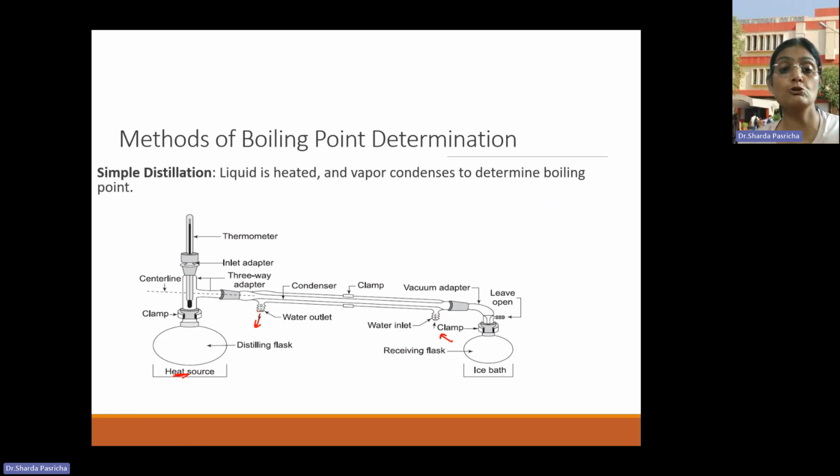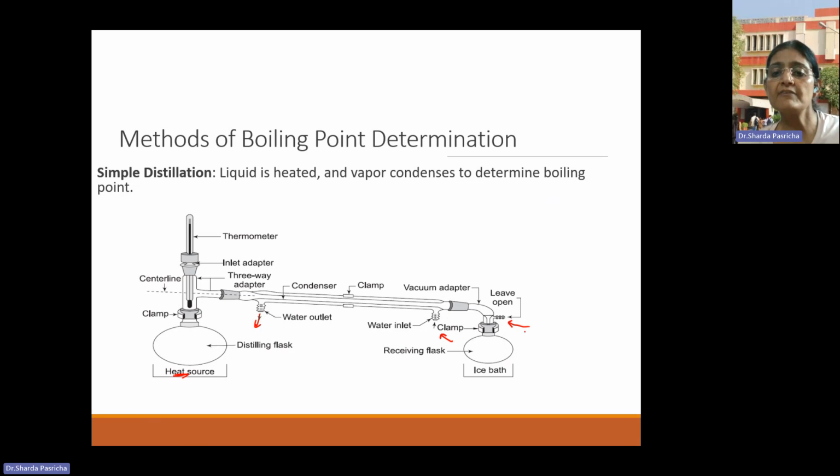And the one which is closer to the RB is used as an outlet for water. This is then attached to a vacuum adapter. The two-way adapter, you can have a vacuum pump attached here, and the other side is attached to a receiving flask, which may be cooled in water or ice depending upon the boiling point of the liquid.